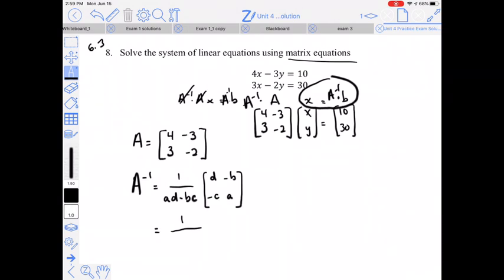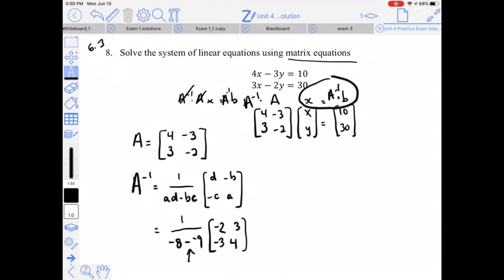So 4 times negative 2 is negative 8. And then subtract B times C, which is right here, 3 times negative 3. That's negative 9. And then the negative 2 and the 4 change places. And then here, these numbers don't change places, they just switch signs. So the negative 3 becomes positive 3 up there. And then in the bottom left corner, the positive 3 becomes negative 3.